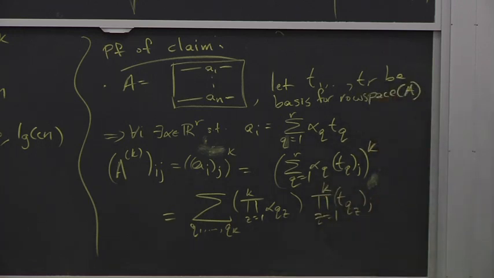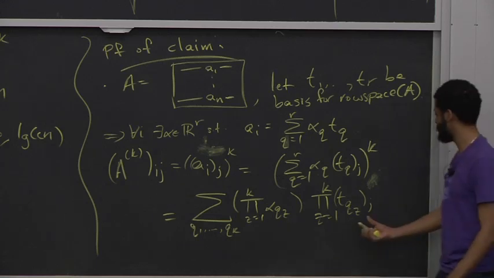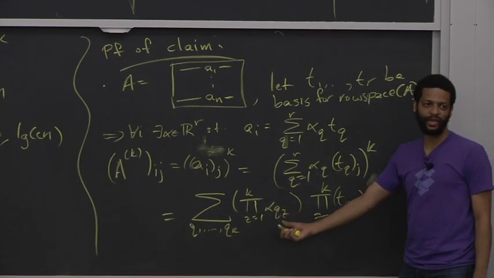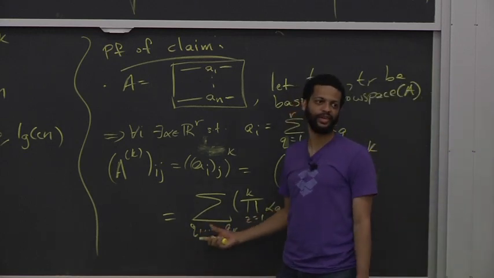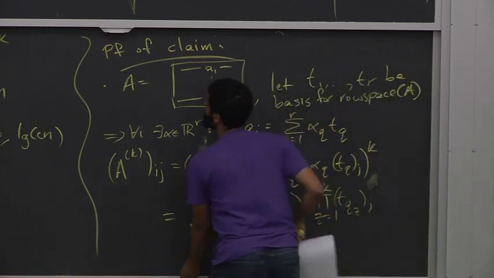Okay. And then now imagine grouping the q's together that are equal. So it might happen that q_1 is equal to q_3 is equal to q_7 or something. Imagine grouping the ones that are equal.